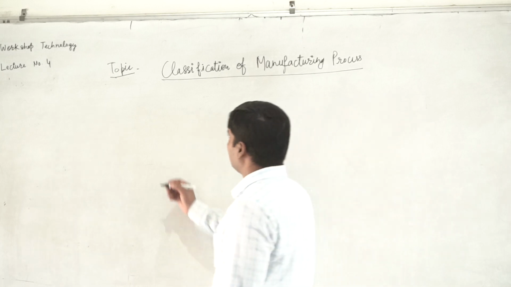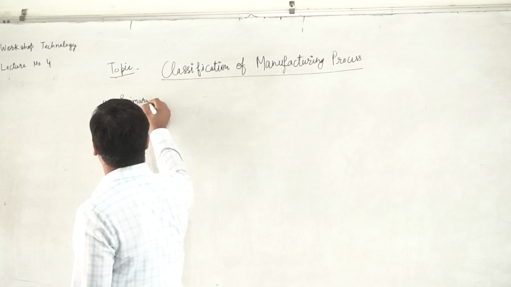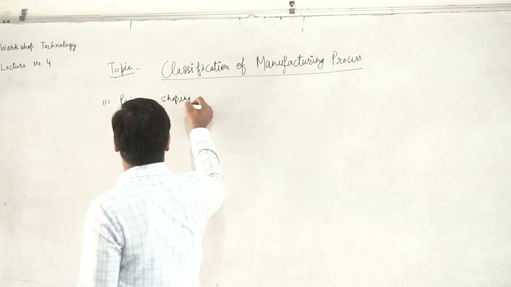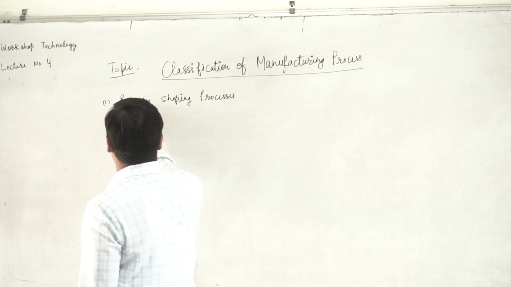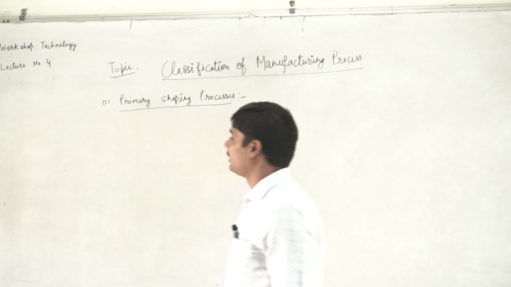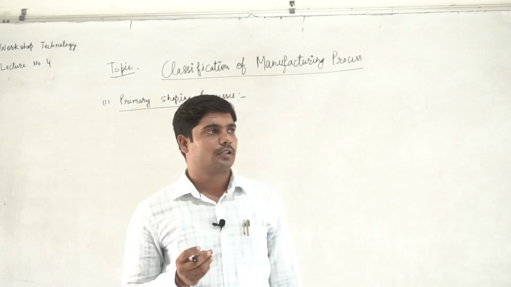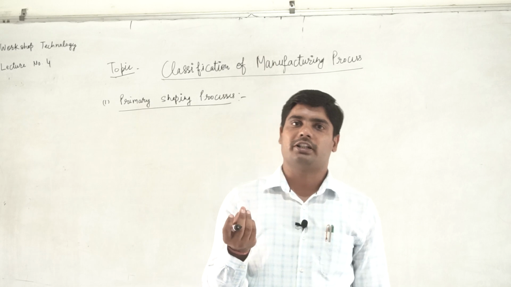So first classification is primary shaping processes. What is primary shaping processes? I will let you know that in nature we obtain the material in the natural form.